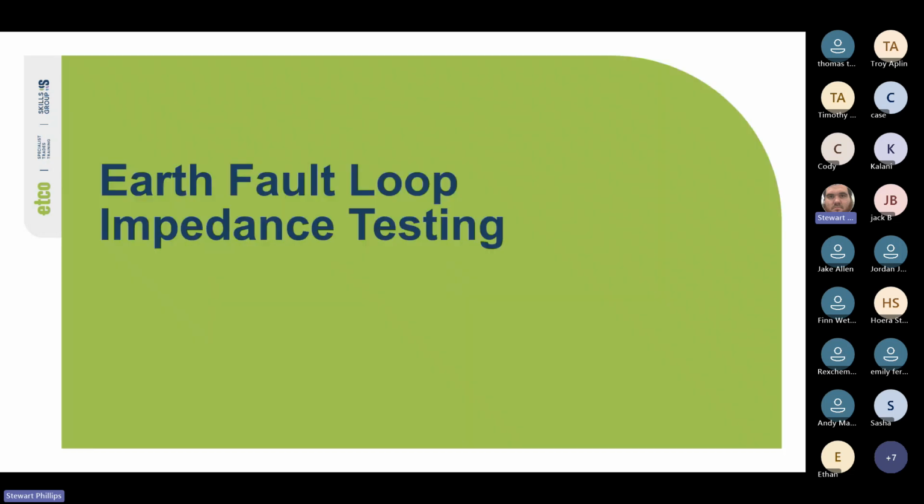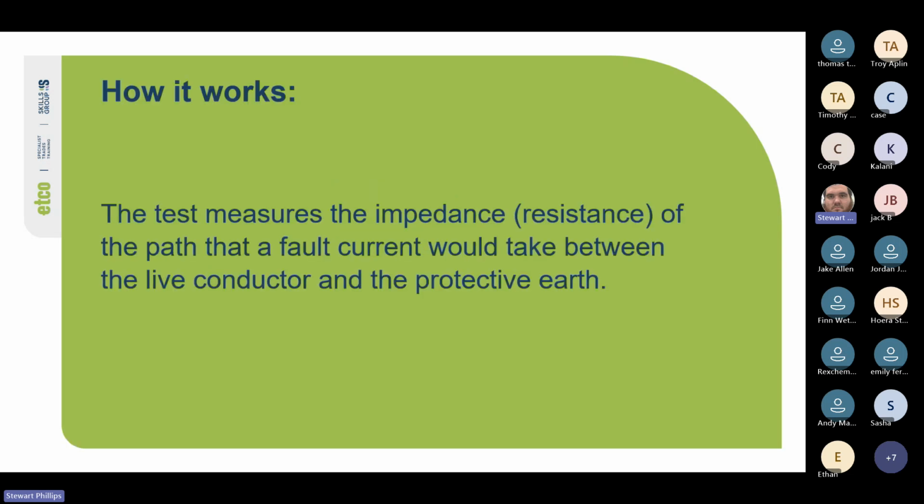Cool. So our earth loop impedance testing. EFLI is a real use of impedance. It measures the total opposition in the fault current path during an earth fault. We call it earth loop impedance because the transformer windings, which are inductive by nature, oppose the fault current through the reactance, not just resistance.